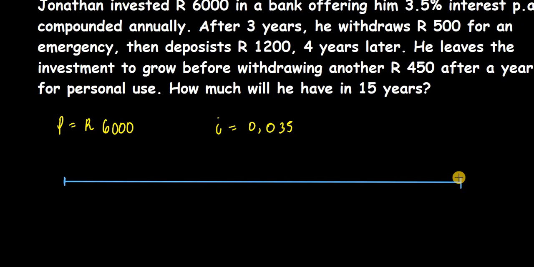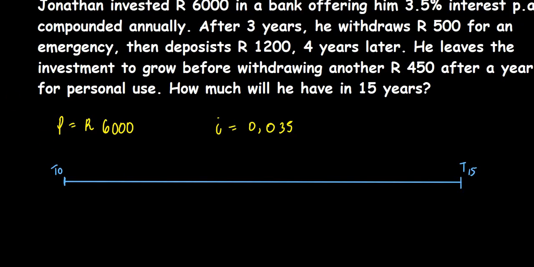So in this case, we are working in years. Now, since they said 15 years later, and then he is withdrawing after some years, depositing after some years, that means we're working in years. So I'll say T0 to represent the day he made the investment, to T15 to represent after 15 years. I have T0 to T15 to represent the total number of years.